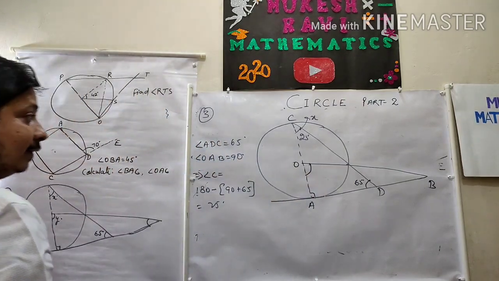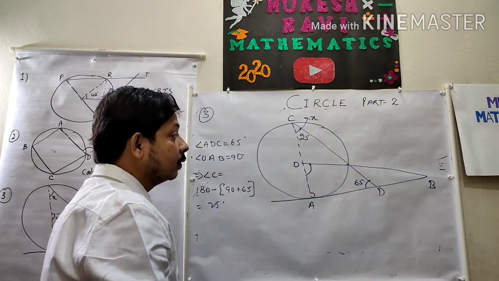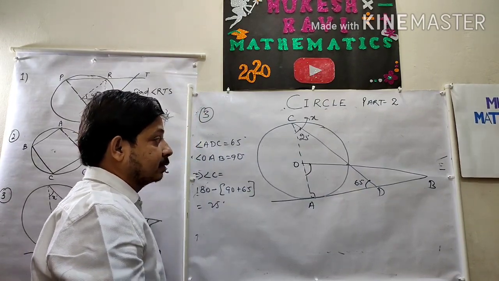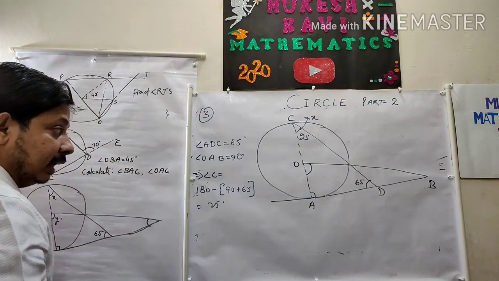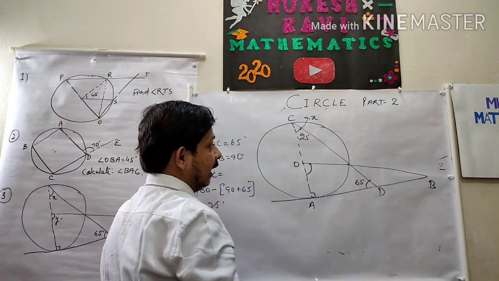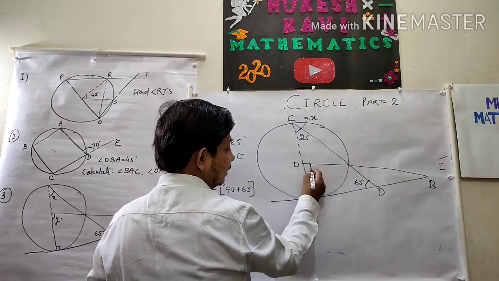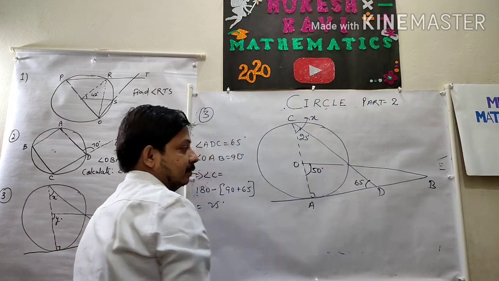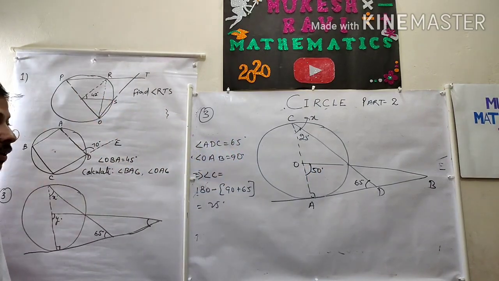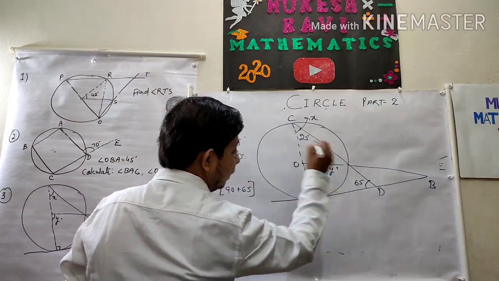This angle. You can say, subtended at circumference, double at the center. This is 50 degree. So angle Y is equal to 50 degree.